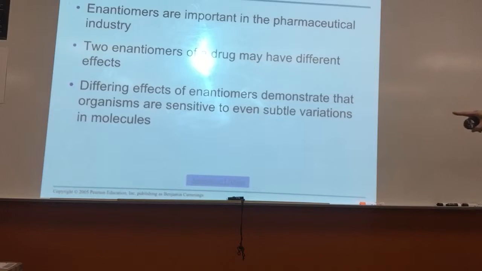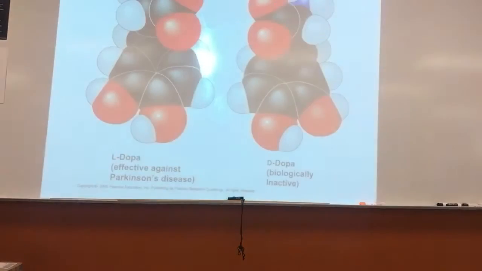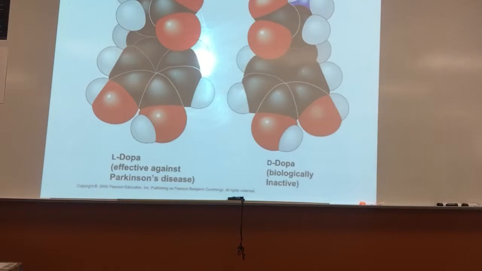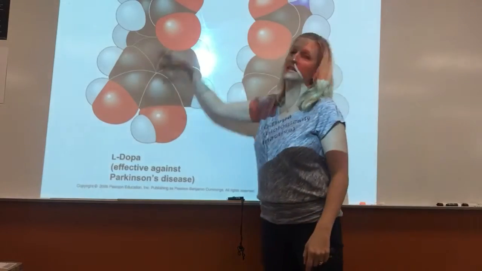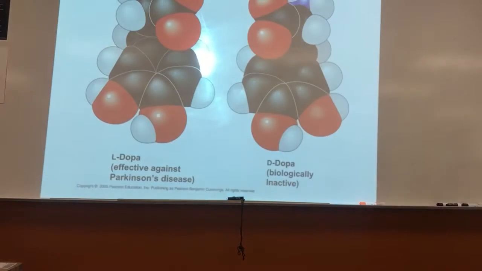So organisms are sensitive, like us, to very subtle variation of molecules, so subtle shape, even just that left and right being switched. So an example is this drug L-dopa. The L-dopa is, as it says here, effective against Parkinson's disease. So it's a very effective drug to give people to help with their Parkinson's disease.